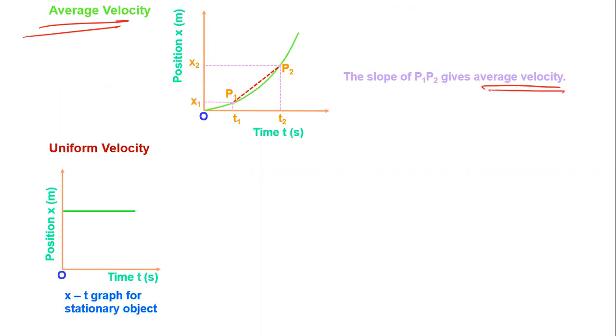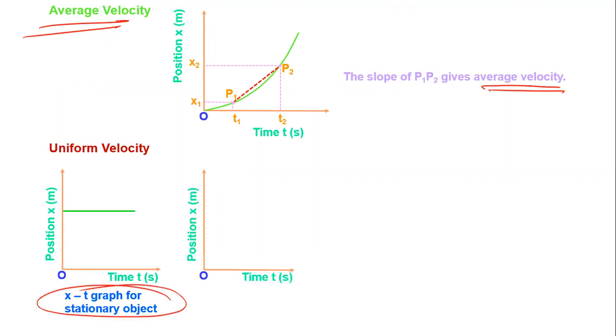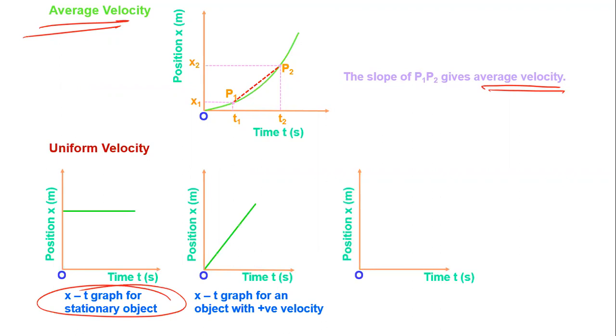Here is the position-time graph for a stationary object, and here is the position-time graph for an object with positive velocity. With negative velocity, you can see this type of graph. Basically, negative velocity means velocity decreases.